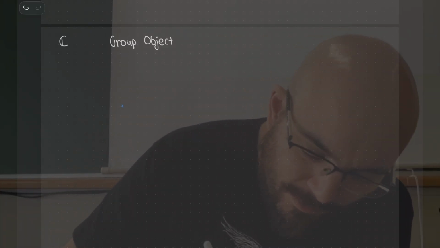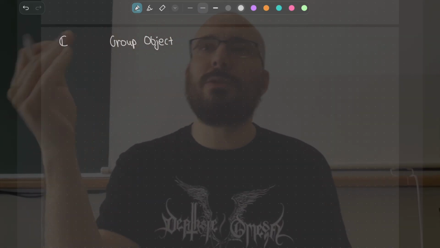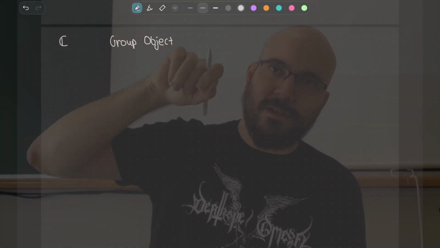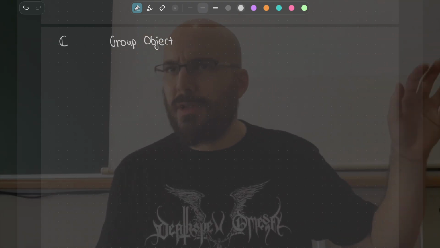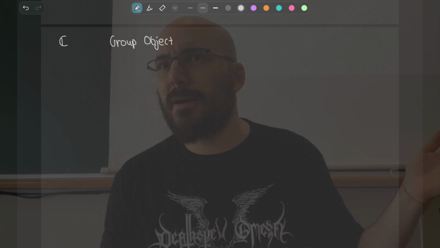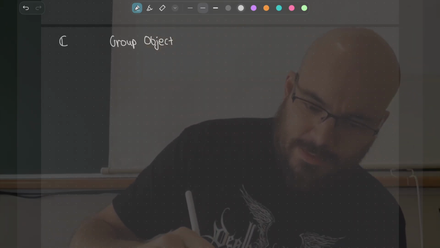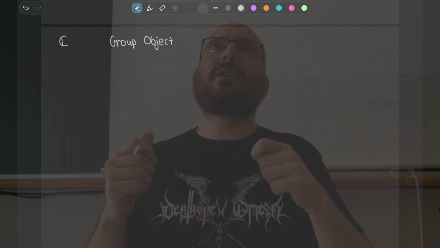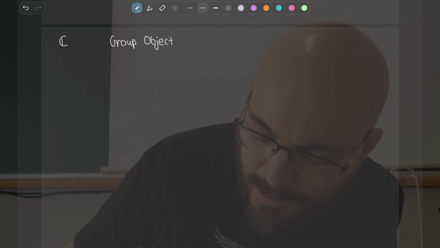No, I mean, if you look at any category and you pick a single object and you look at all the automorphisms, this forms a group. The automorphisms form a group. It's not what we end up calling a group object. A group object will again be kind of misleading in the same way that the product was misleading.